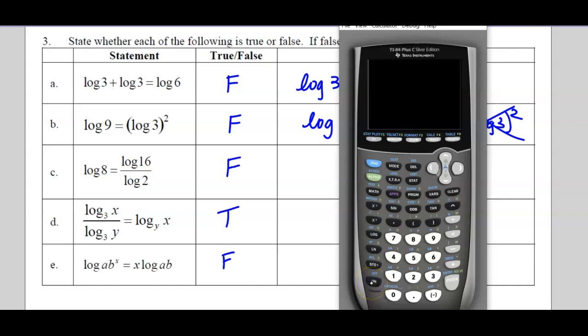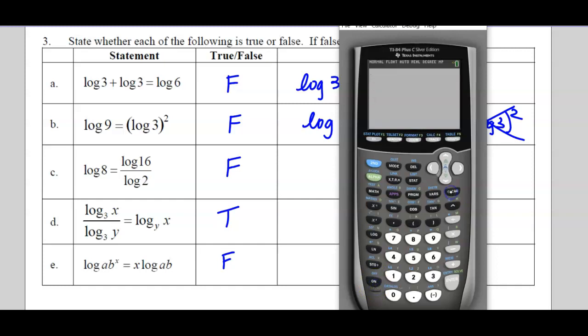Go log of 9, then go bracket log of 3, go brackets squared, and you get a different value. So be careful.